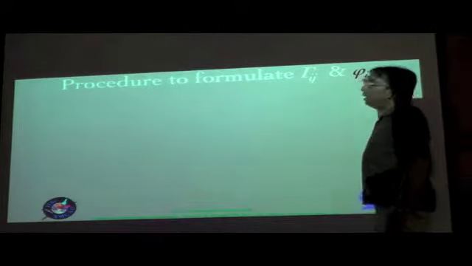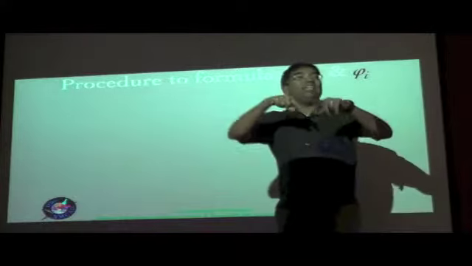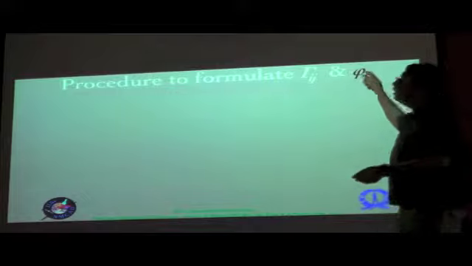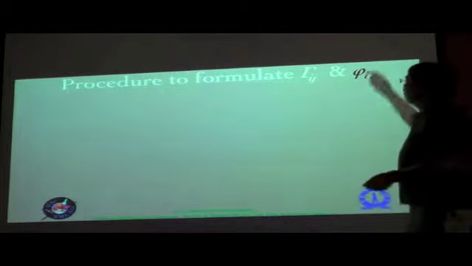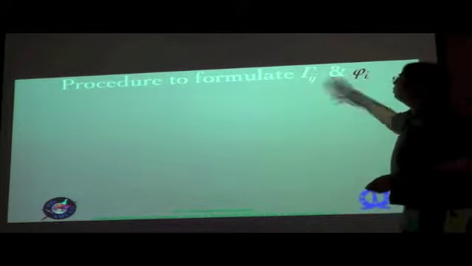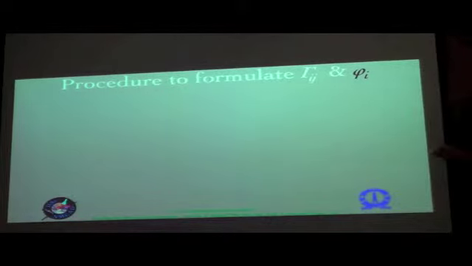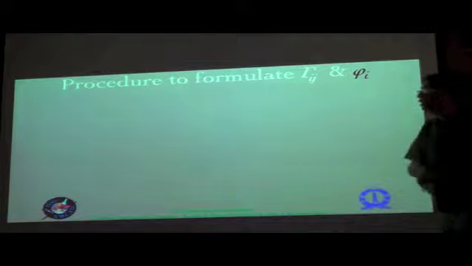Remember, these phi i are the ones which populate your phi tilde antisymmetric matrix. There are just 3 components to the local rotation vector, phi 1, phi 2, phi 3, and we want to look at a procedure to formulate that. And once we have that procedure in place, we will apply it to a simple example.